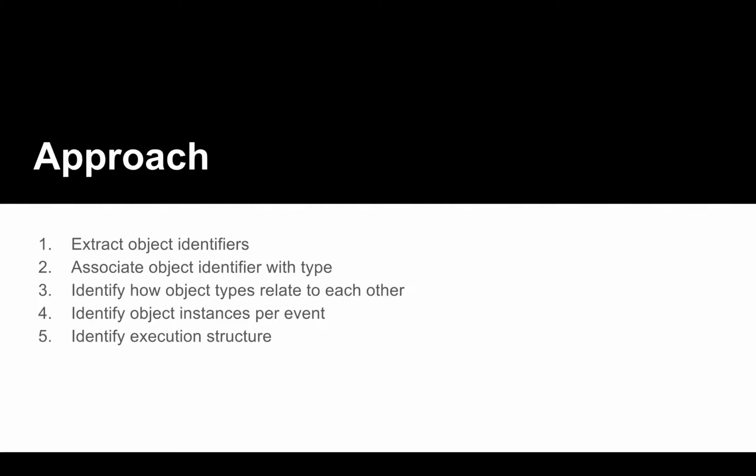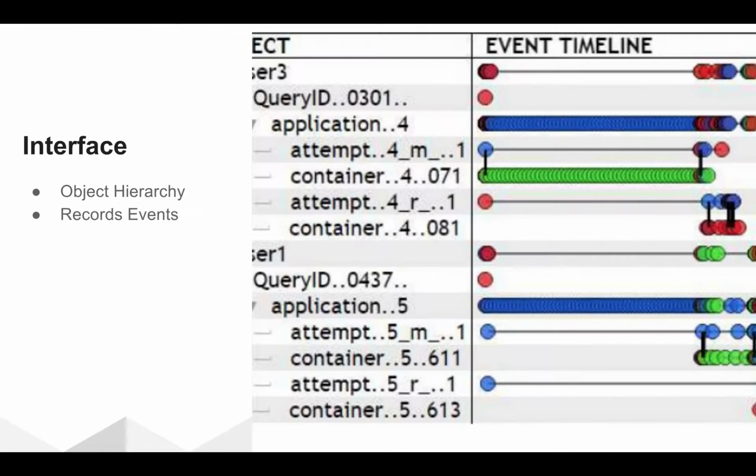And then the last step is, okay, we have this big tendril graph of everything in our log system, but how do we make it more user friendly? That's identifying the execution structure. Okay, so briefly, that was the algorithm.